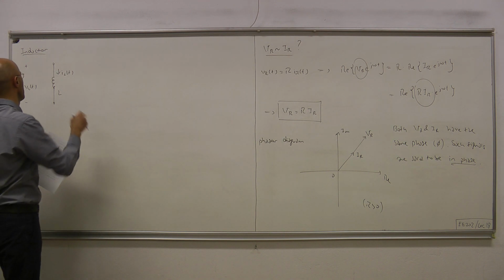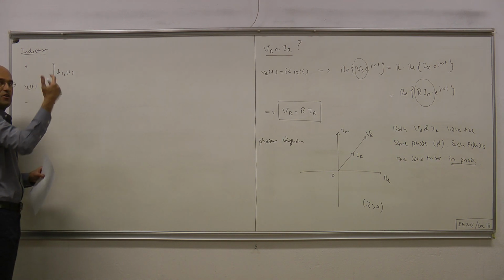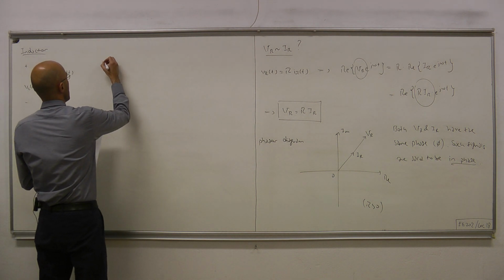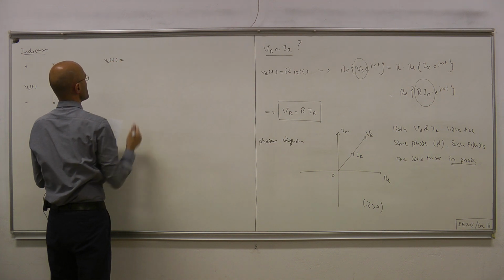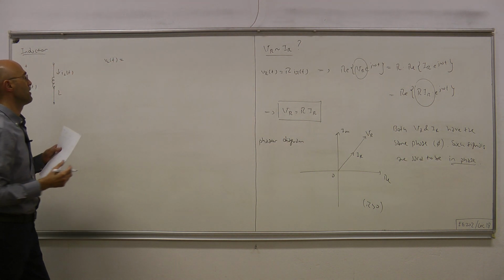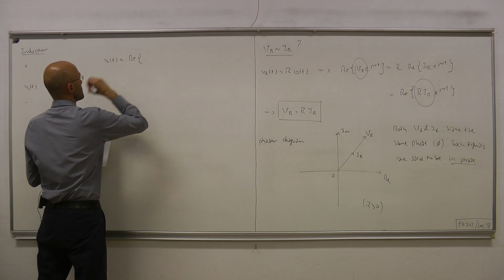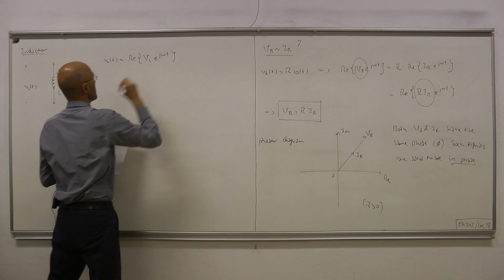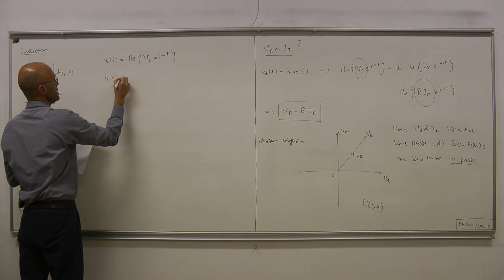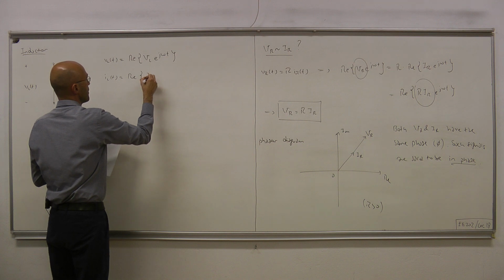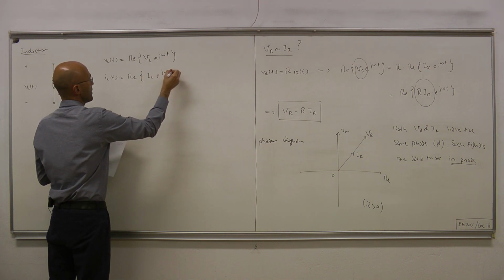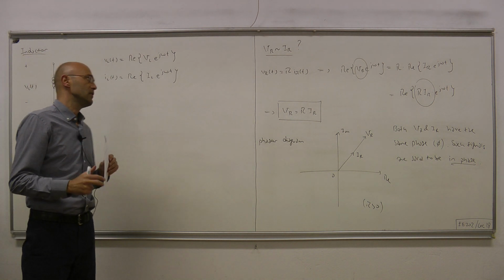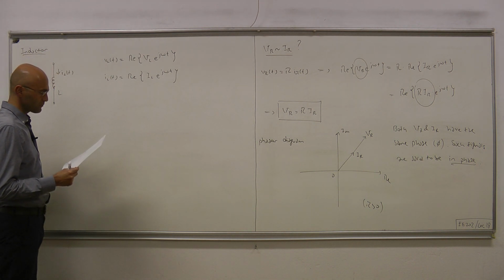So this guy has the phasor, capital V of L. This guy has the phasor, capital I of L. And the relation between the time domain signal and its phasor is simply VL(t) is the real part of VL e to the j omega t, and IL(t) is the real part of IL e to the j omega t. Omega is the frequency of operation, okay, determined by the input in the circuit.